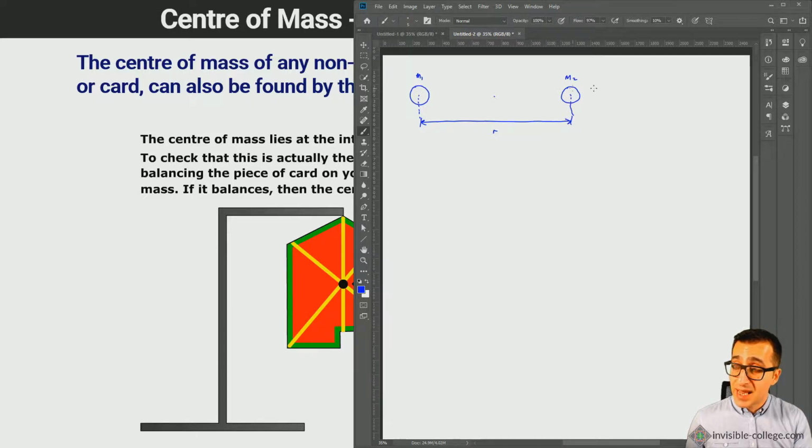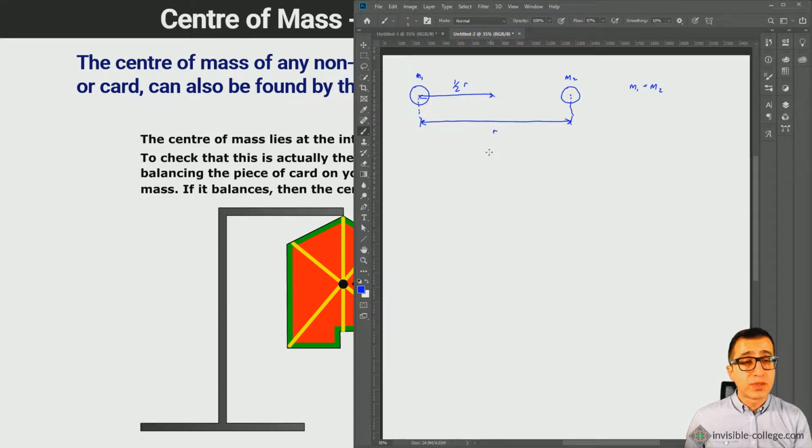So in this case, if M1 is equal to M2, the center of mass will be somewhere over here, about half R, 1 over 2R, from the left-hand side, or 1 over 2R from the right-hand side.